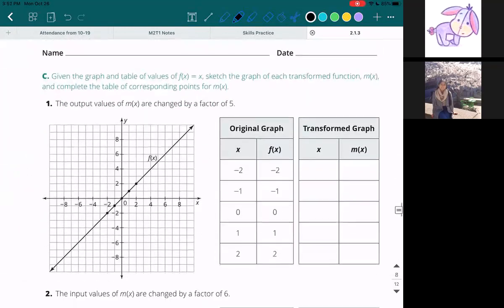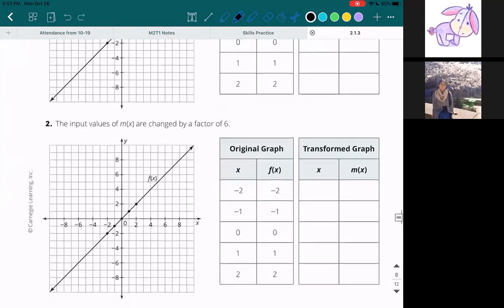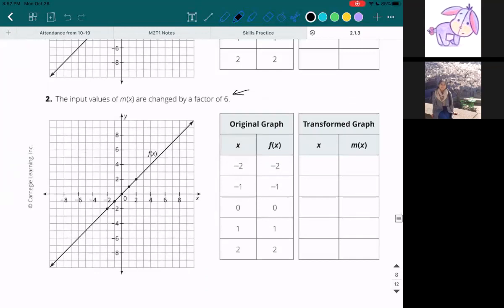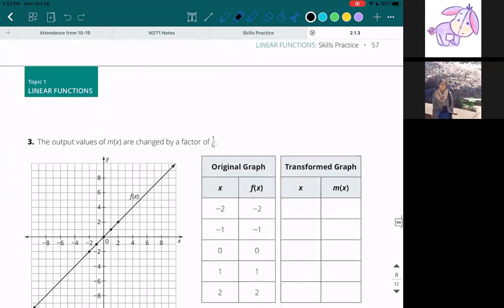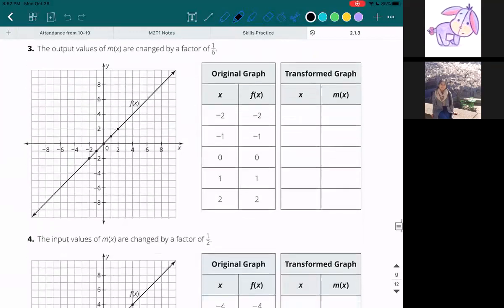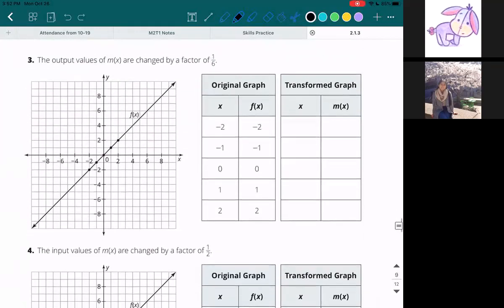And then over here, we're now changing it by a factor. So remember, you're going to multiply it by 5. So take all your old y values and multiply it by 5. Okay, this one you're going to multiply by 6. This one you're going to multiply by 1/6. You guys can totally do this. If you need, you can turn it into a decimal.